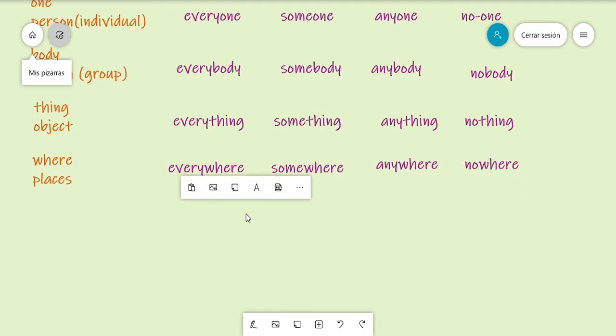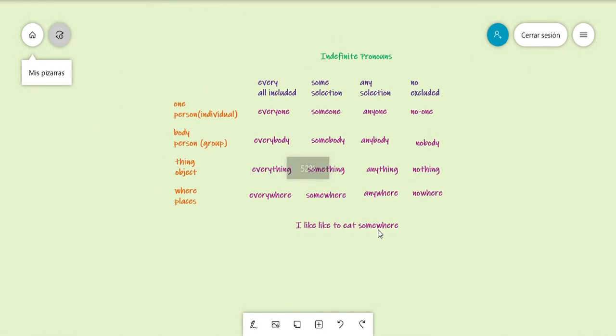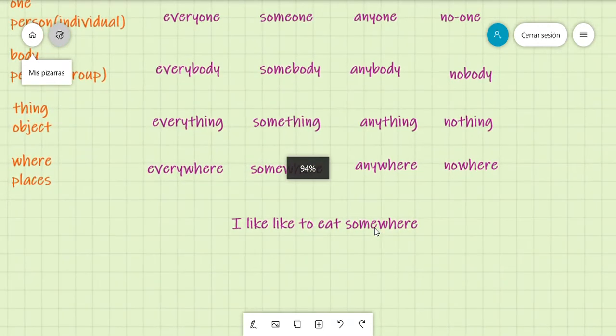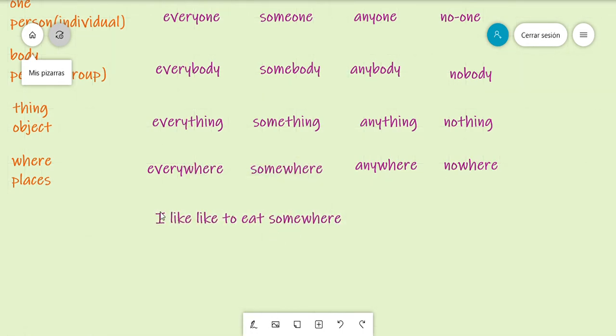What is this? For example, I take this: I like to eat somewhere. Okay, that is whatever place that you want. So you don't have a specific selection of the place. In this case you have an affirmative sentence and you say that you like to eat somewhere, in whatever place.